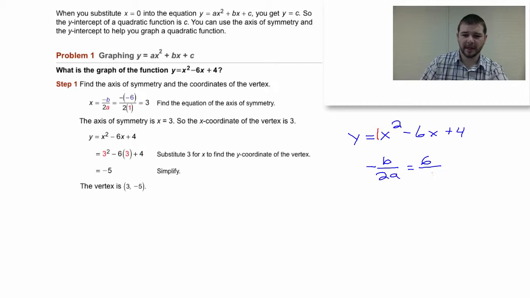And therefore, our denominator is 2 times 1, or 2. And that 6 over 2 reduces to 3. So the x-coordinate of our vertex is 3.